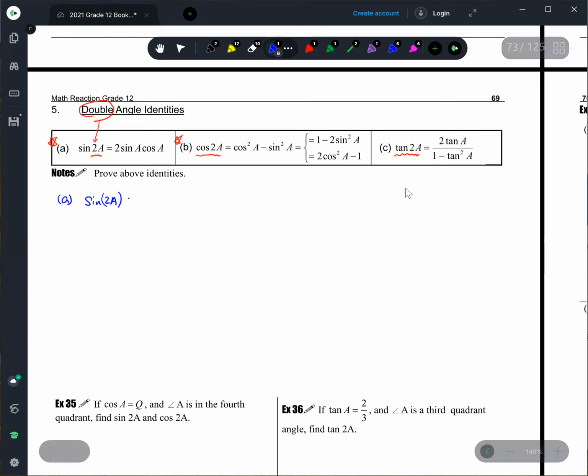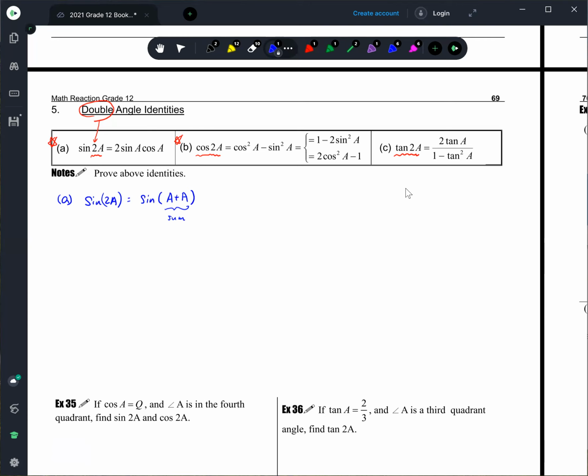2 times A is the same as A plus A. So now you can see this is a sum, so I can use the sum and difference formula.